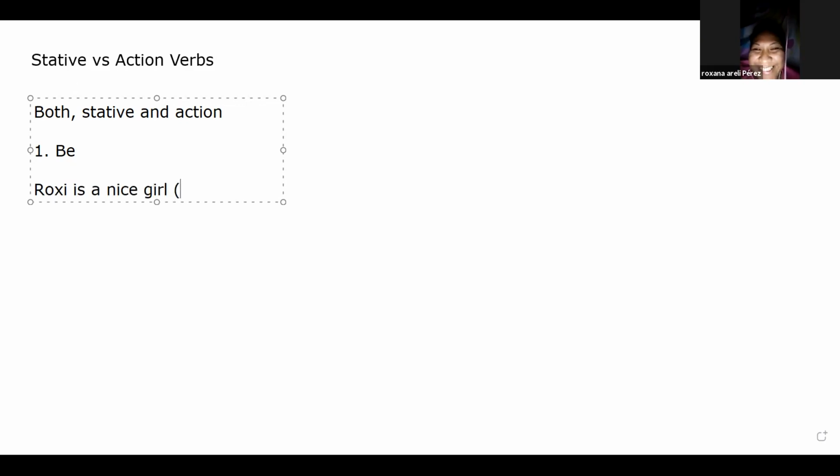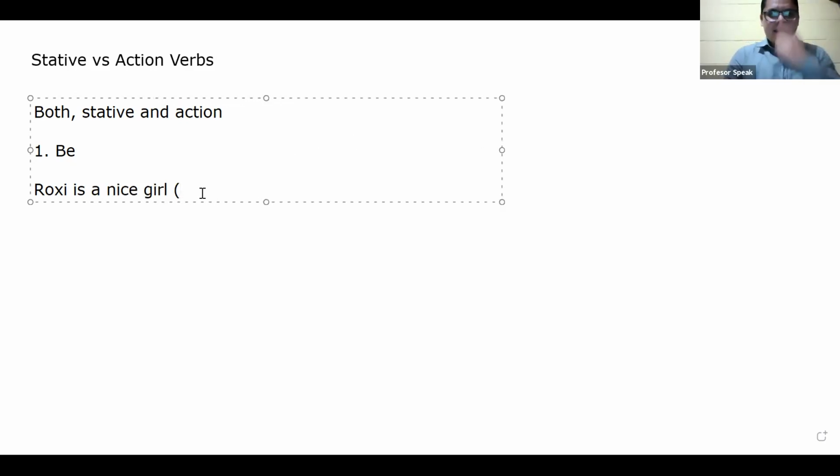So what am I telling you if I say Roxy is a nice girl? I'm telling you that Roxy is a nice girl all the time, okay? So I'm talking about her personality. Roxy is a nice girl, okay? So Roxy is a nice person.